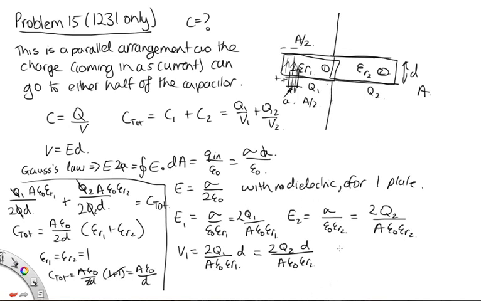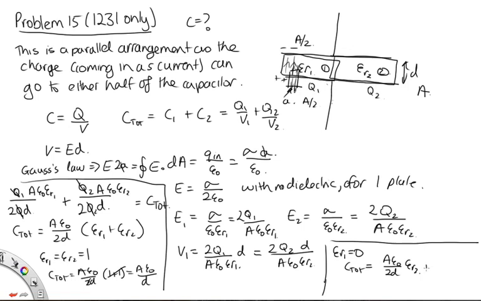Okay, if we have some more room, let's try it over here. Another limiting case is if, say, epsilon R1 is equal to 0. In this case, no electric field can be generated in here, so this part is effectively not there. So in that case we have the capacitance is equal to A epsilon naught over 2D epsilon R2, which is the same as the formula for a capacitor with an area A on 2 and a dielectric epsilon R2.